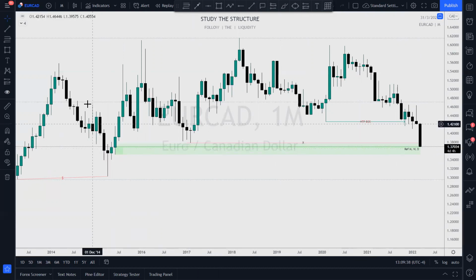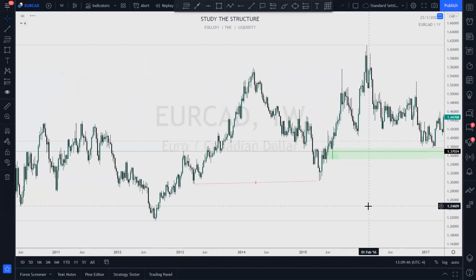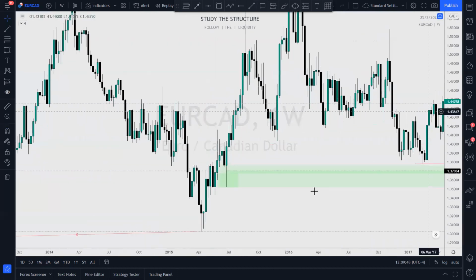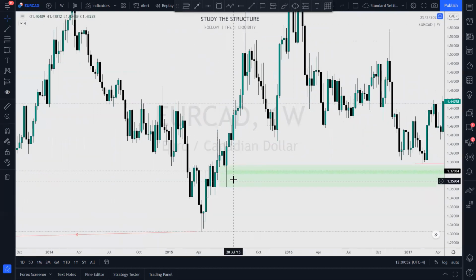Because this is a higher time frame zone, we can look at it on the weekly. If we go all the way over, we can see that we got an unmitigated zone of supply here. It came close to mitigating here, but we didn't touch it.